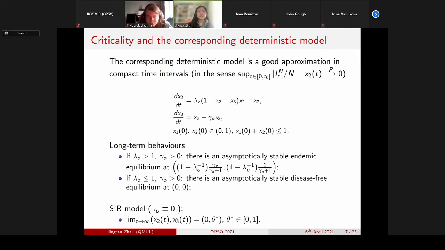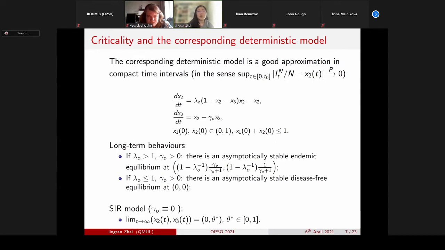When lambda_0 is larger than 1, the ODE system tends to a non-zero equilibrium, which corresponds to an endemic in the population. And when lambda_0 is smaller or equal to 1, the ODE tends to a disease-free state, which means the disease goes extinct in the population.